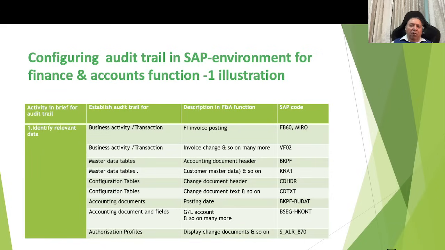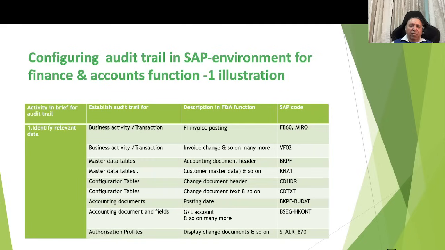Accounting documents. Now, in the accounting documents, the things to be traced are the posting date, BKPF BUDAT, and the accounting document and fields. For example, the GL account is one, BKPF, BSEG HKONT is another one, which is for the GL account number, and so on.